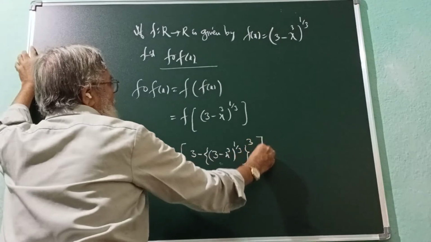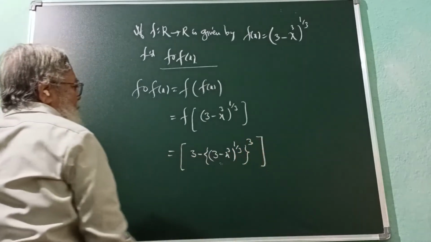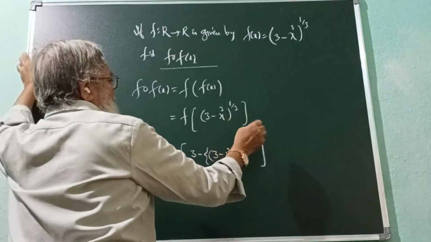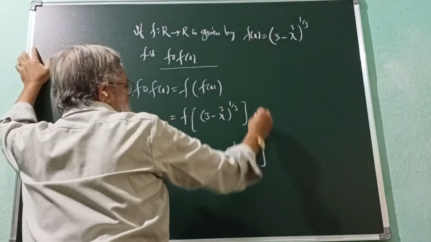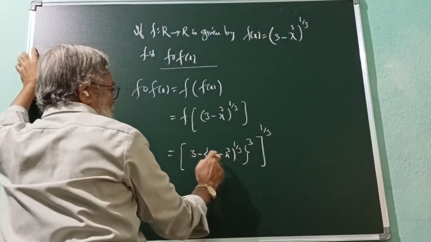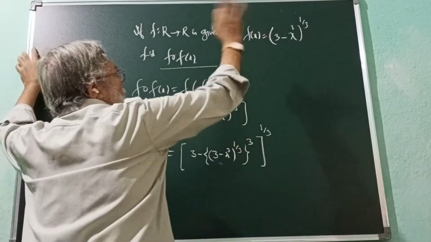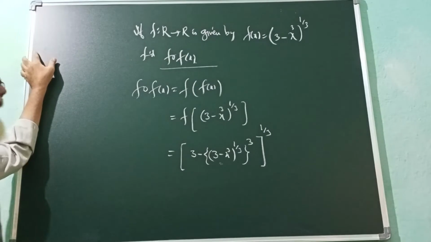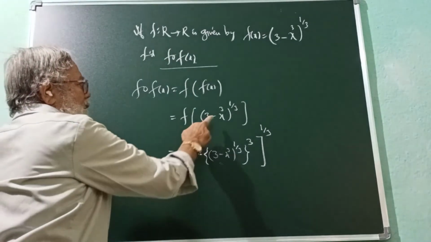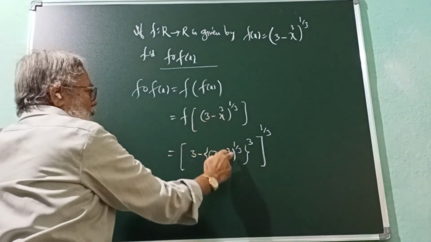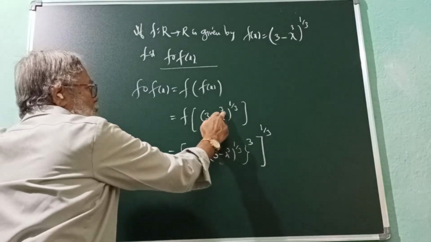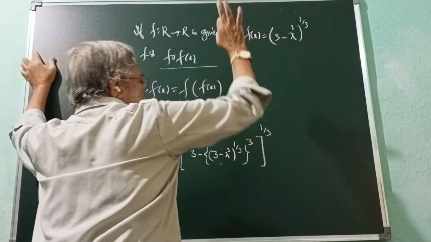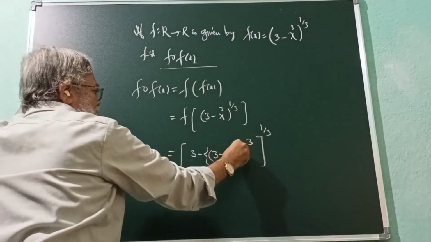Look here how we are writing. Now this is raised to 1 by 3 is there. 3 minus x cube raised to 1 by 3, that is the application of f of x. 3 minus x cube, our x is this much. Cube is there, cube we have taken. And raised to 1 by 3 is there. Now the 3 cancels with this 3.